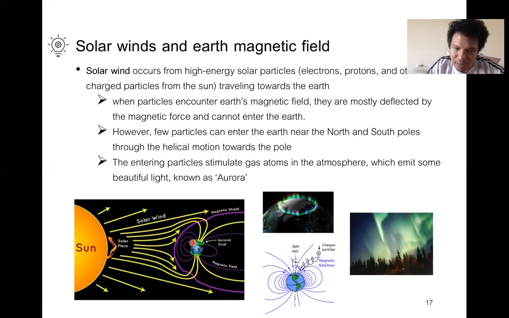When they collide with atoms in the Earth's atmosphere, they excite those atoms, and when the atoms move their energy level back to the ground, they emit light, and this is what you see as the aurora.